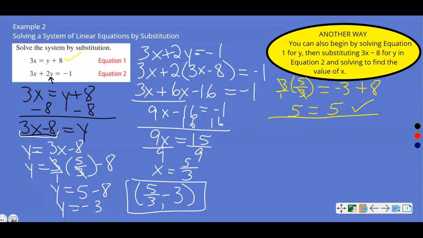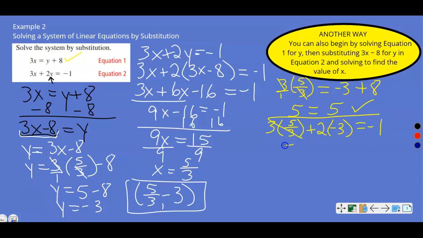Now we have to check the second equation as well, because we're trying to see if it's a solution for the system. So we're going to have 3 times x plus 2 times y. y is negative 3. Does that equal negative 1?